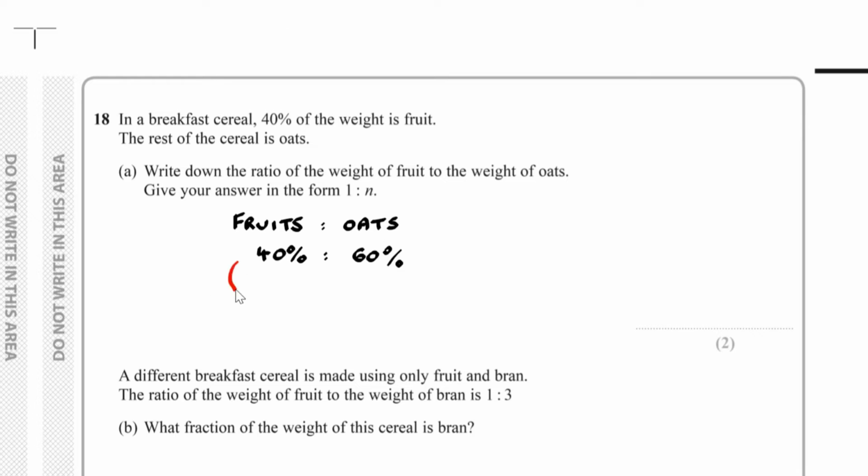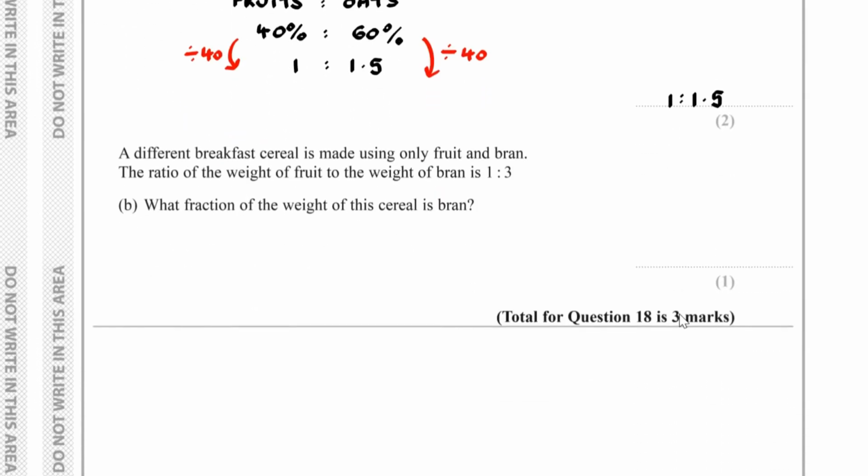And if I divide both sides by 40, then we will end up with 1 to 1.5. So the ratio is 1 to 1.5.